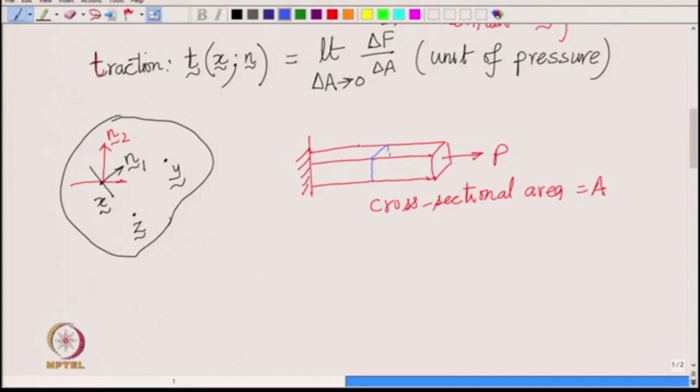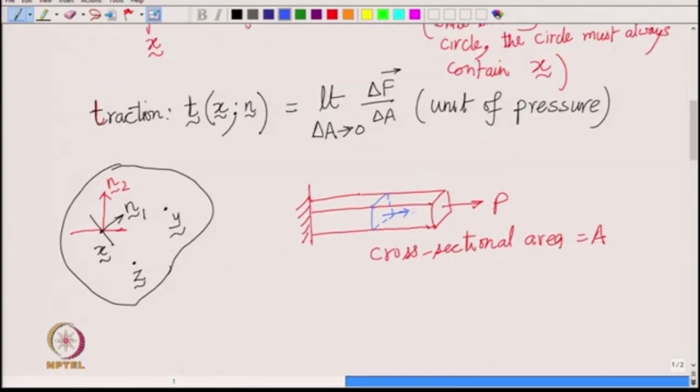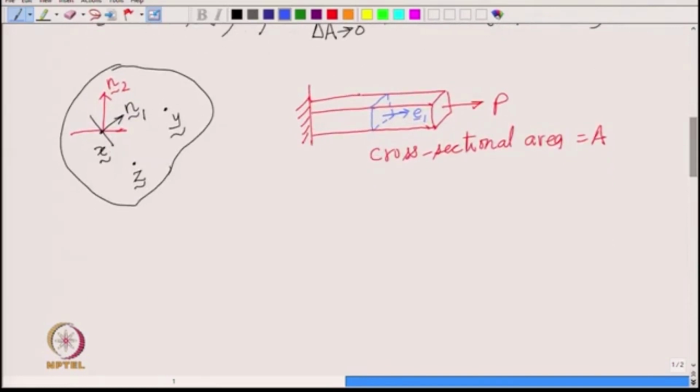Now, let me think of a section, this particular section, okay, this blue section has got its normal along the axis of the beam, and let us call this E1. And what do you think, what is the traction on this plane? So, you have to find out what is the total force that is acting on this plane and divide by the area, right.